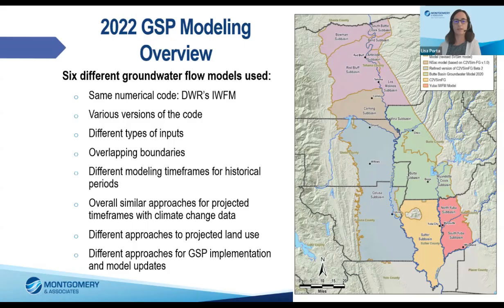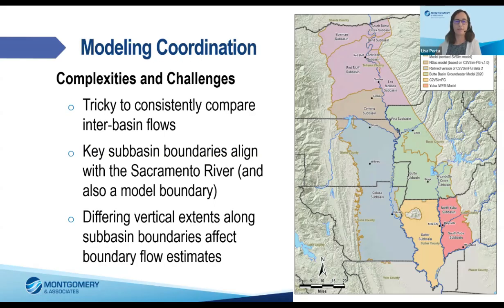And so the coordination there and the complexities and challenges for this modeling is that it's really tricky to consistently compare interbasin flows when you have such diversity of model types and boundaries overlapping and assumptions, because you're not really comparing apples to apples a lot of times.